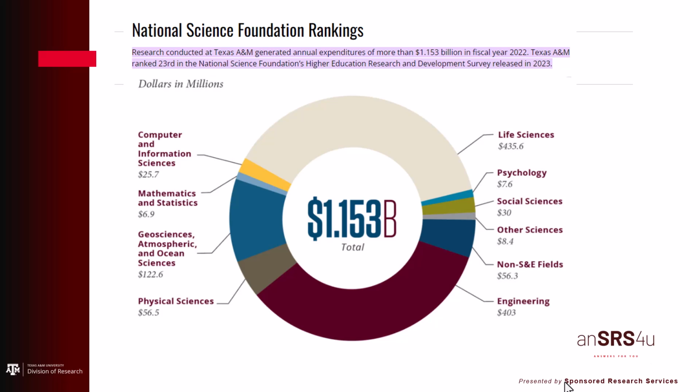These research expenditures include Texas A&M University and the other entities based in College Station, including AgriLife, Texas A&M Experiment Station, Texas Transportation Institute, and Texas A&M Health Science Center. Texas A&M Galveston and Texas A&M Qatar are also included.